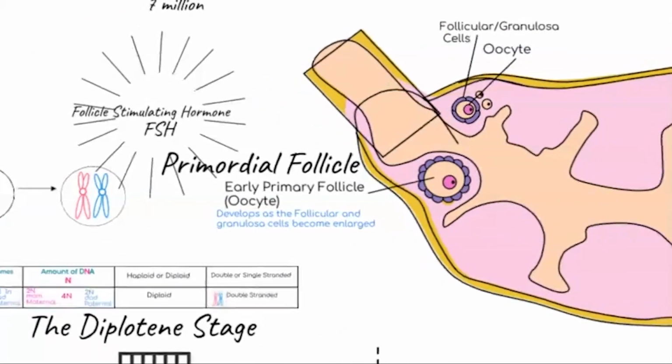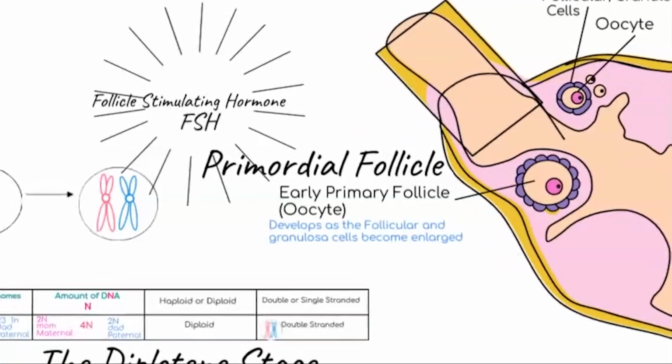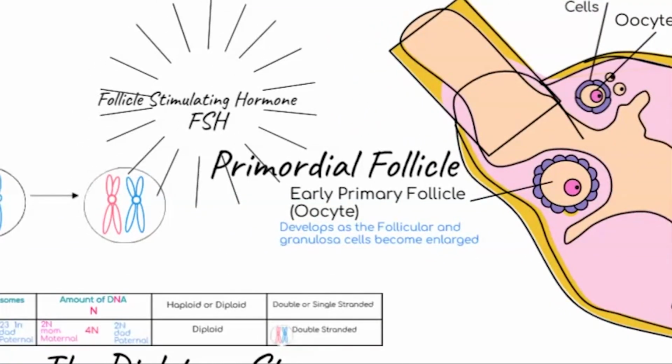That hormone will come and will stimulate the primordial follicle. Every month in the ovaries, a pool of growing primordial follicles is maintained. Every monthly cycle, about 5 or 15 of those 40,000 primordial follicles start growing.